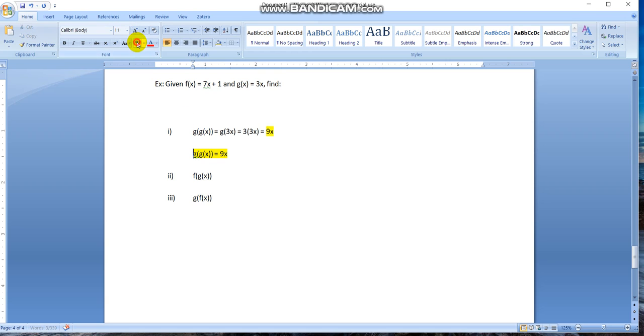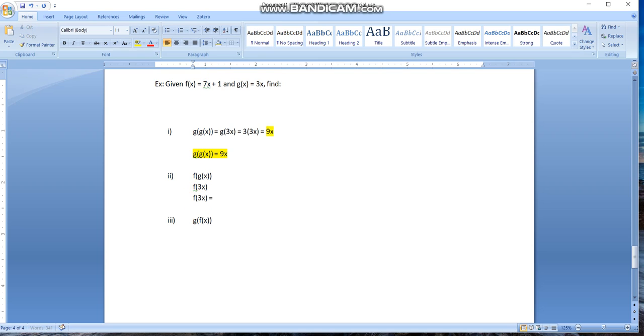Okay. Next one, f of g of x. We're going to do the same idea. If you guys see a pattern already, g of x here is 3x. So 3x goes there. Next, everywhere we see an x, we're going to plug in 3x.